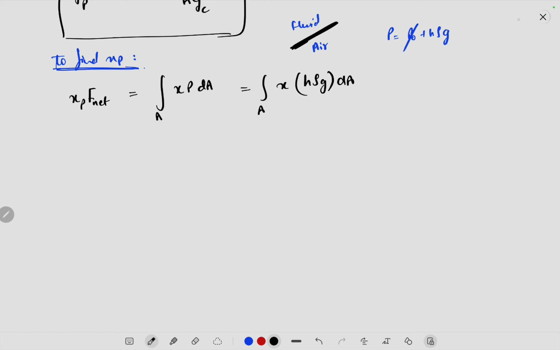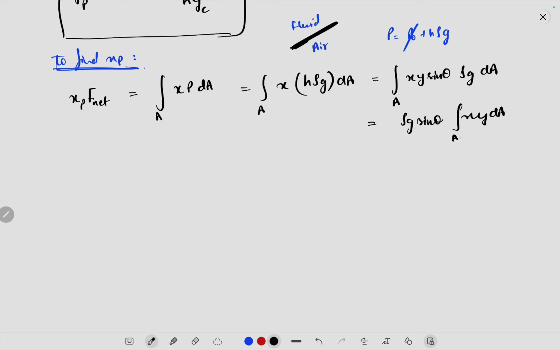Now what is h? h is y sin theta, so we have x y sin theta rho g dA integration over a. Now again rho g and sin theta are independent of the elemental area that we choose, so this will become rho g sin theta integration over a of xy dA.